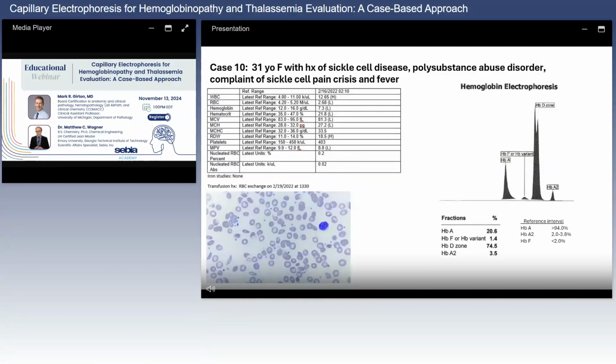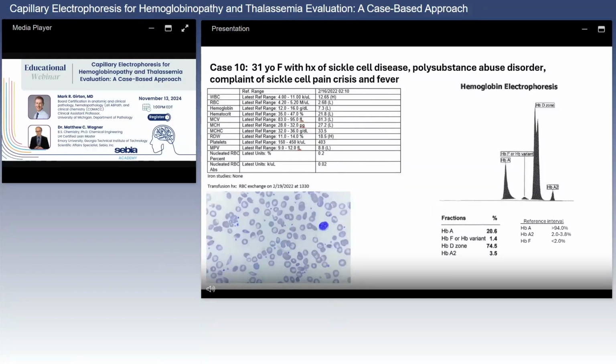In the CBC indices, we see hemoglobin that is decreased, so anemia, and slight microcytosis here. MCV is slightly low at 81.3. And if we look at the smear micrograph, we see quite a bit of anisopoikilocytosis, so lots of shapes and sizes.